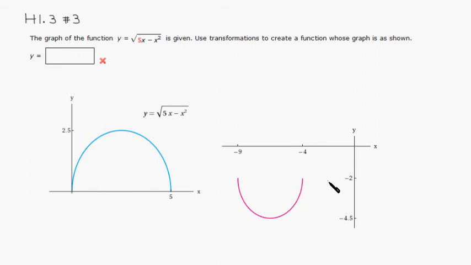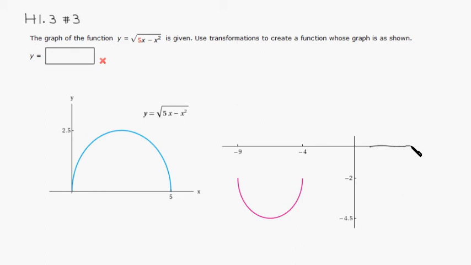It's kind of hard to see if the two graphs are on a different xy axis, so I'm just going to transfer this picture over here. I'm going to extend the xy axis this way.